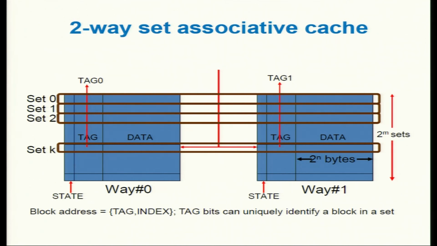The number of elements in a particular set is called the associativity of the cache, and you can increase it if you want. In this particular case, I have a two-way set associative cache because there are only two possible places in a particular set. That's what a typical cache looks like.